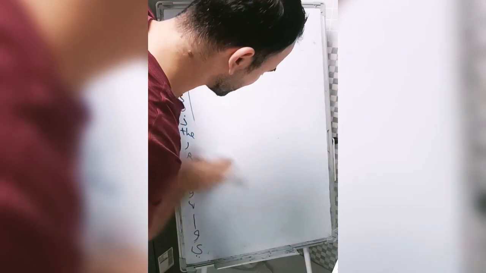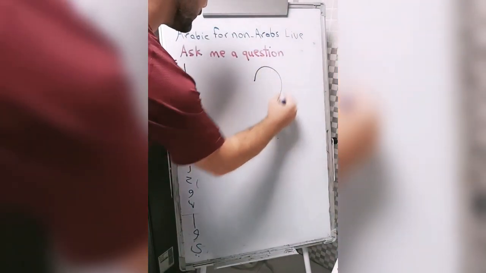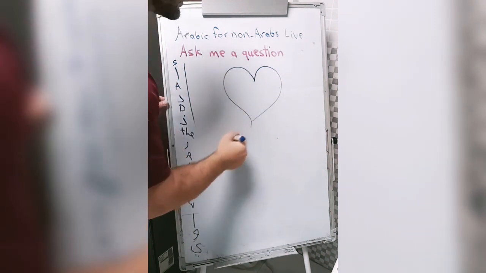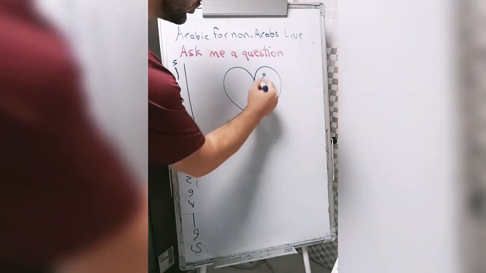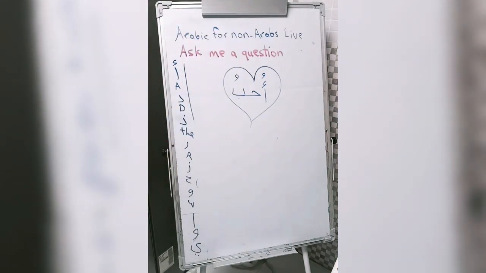The last verb I'm going to teach you today, I do this for my year 1 and 2 students, and it is أحب. أحب, I love or I like. You say أنا أحب دجاج, أنا أحب خوخ, أنا أحب دبي, أنا أحب any word.